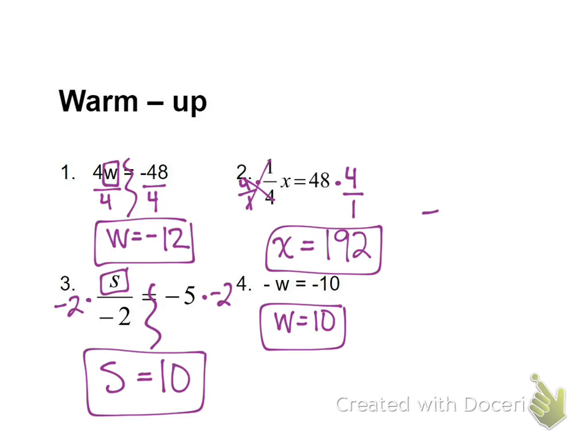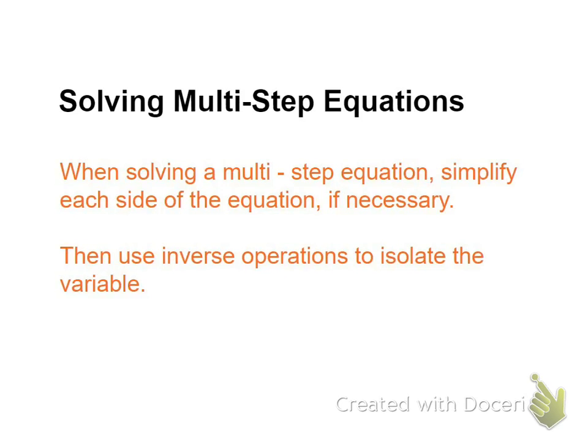Some people, I'll write this off to the side, think about it as multiplying by a negative 1. So to undo that, you divide by a negative 1. Either way you think about it is fine. If you want to think about it as dividing by a negative 1, that is also fine. Questions, concerns? Okay, we will continue.